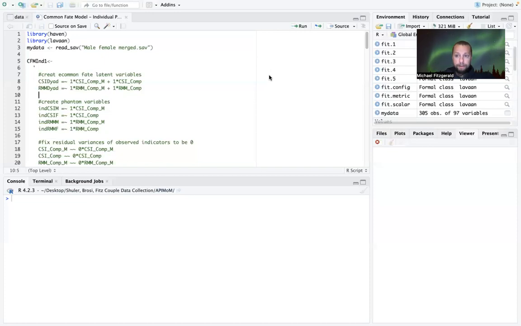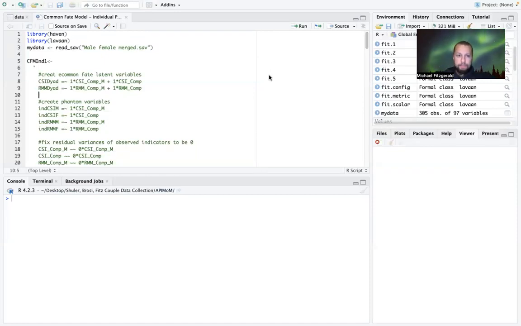But a lot of that information that's traditionally discussed as just random error in the common fate model is actually individual perception. And so increasingly, scholars are recognizing that there's a lot of really valuable information within the residuals. And so we are going to model that individual variability, again, using phantom variables.